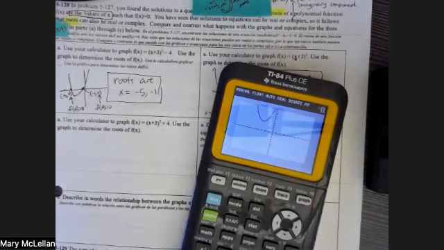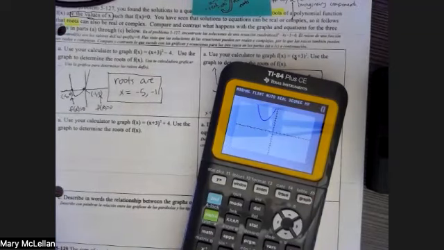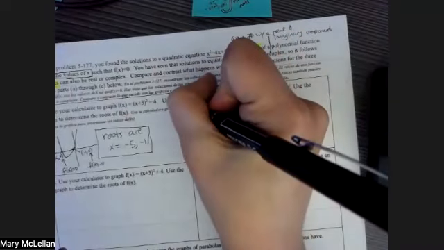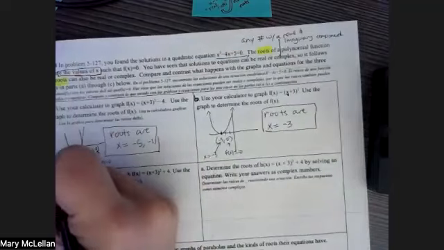Okay. How am I supposed to do this? Part C doesn't have an answer. Oh, look, these are mislabeled. This should be part B, part C.